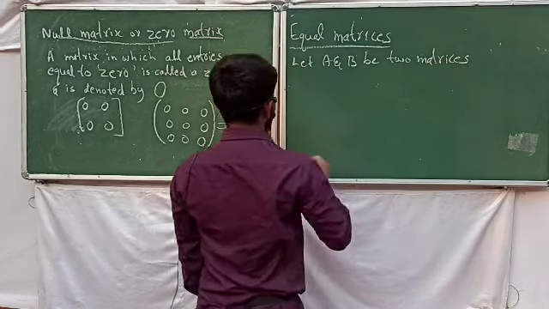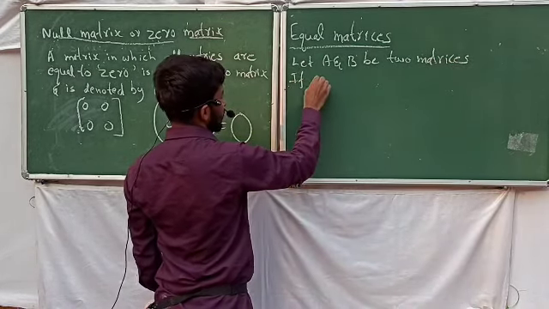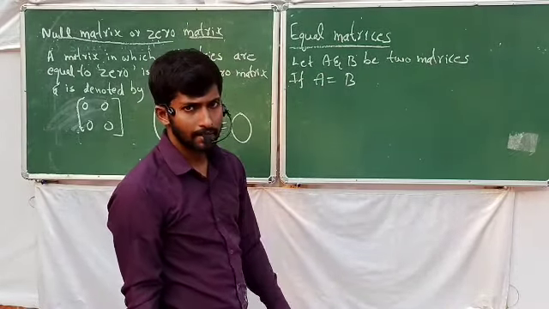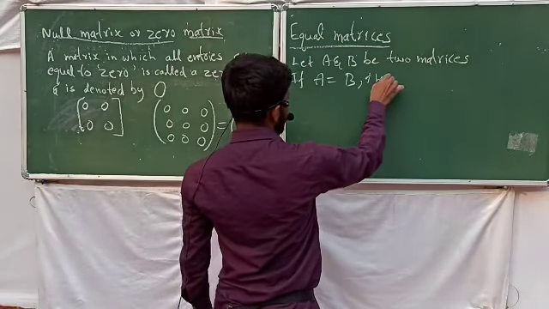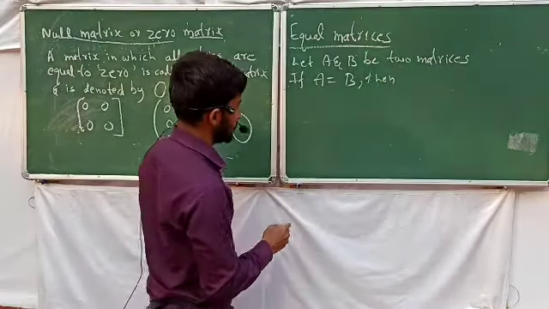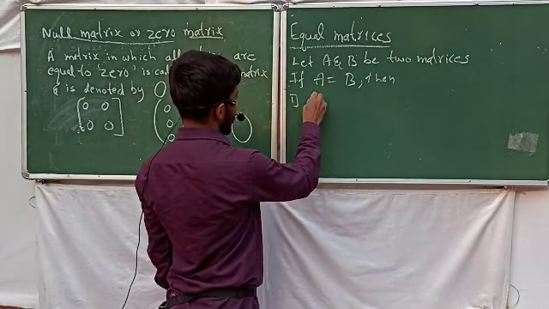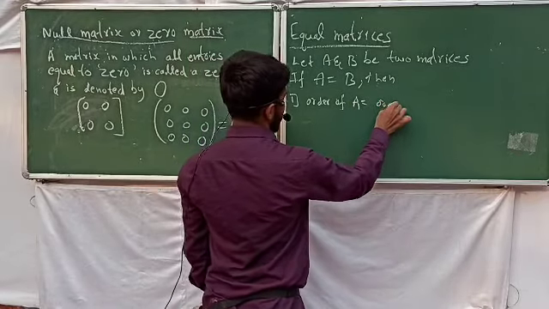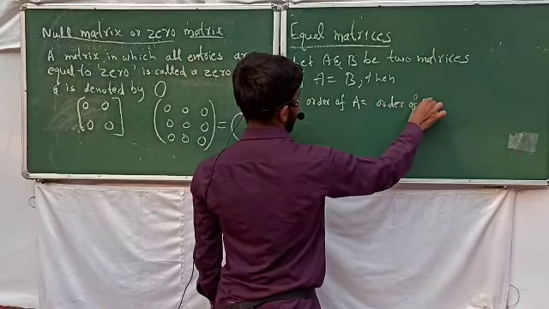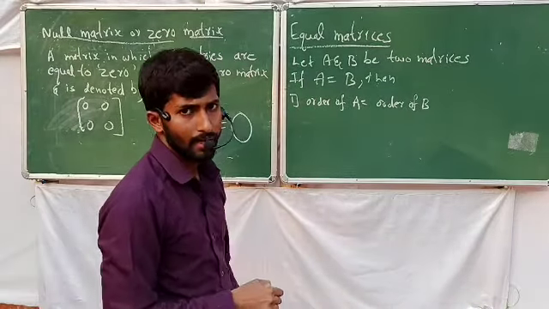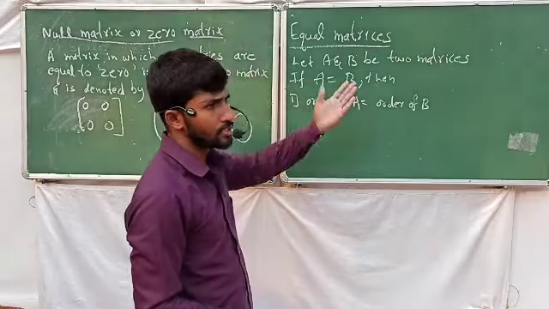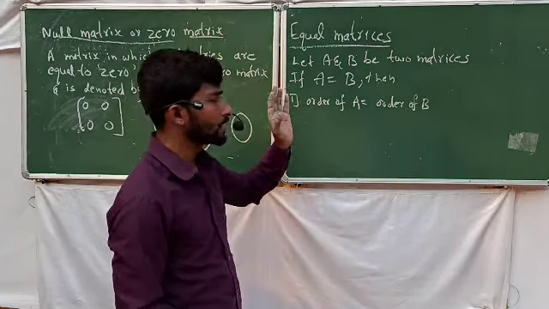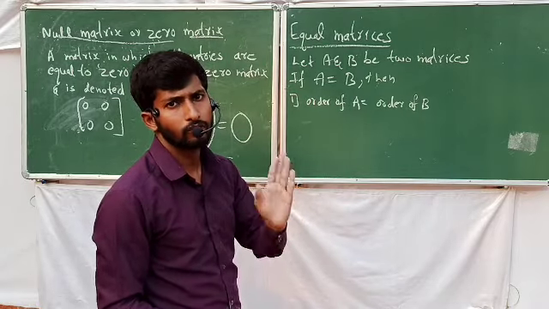If A is equal to B, you are saying matrix A is equal to matrix B, then it needs to satisfy two conditions. The first condition is that the order of matrix A is equal to the order of matrix B. It's the first condition for equality of matrices. Whatever matrices are given as equal, the first condition is that the order of those matrices must be equal.